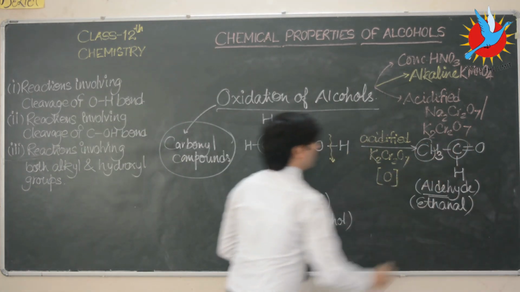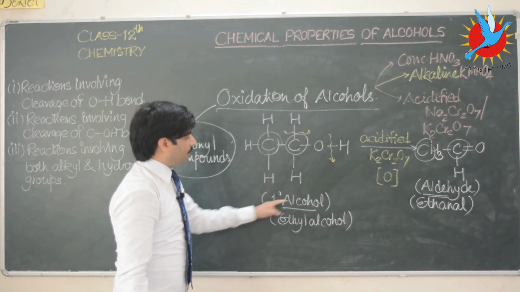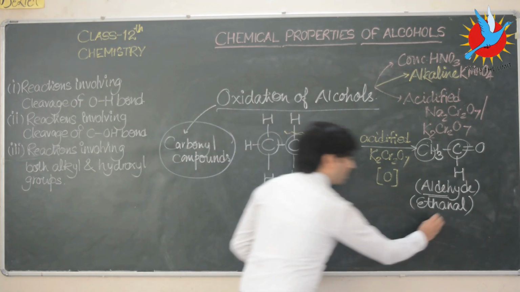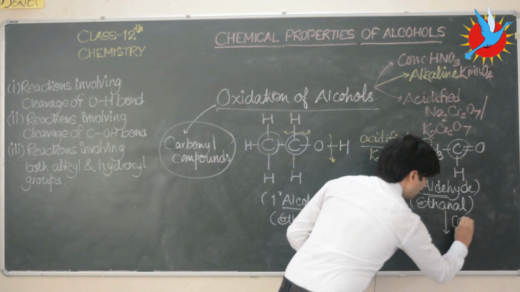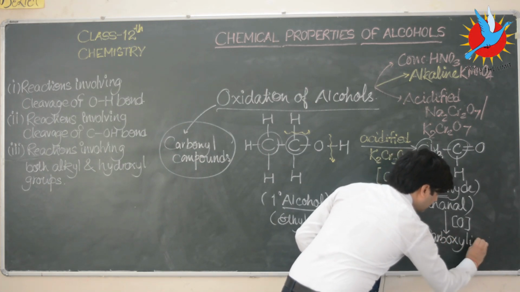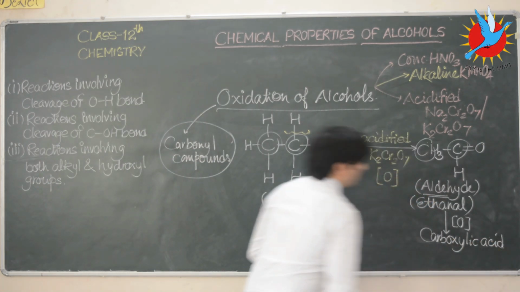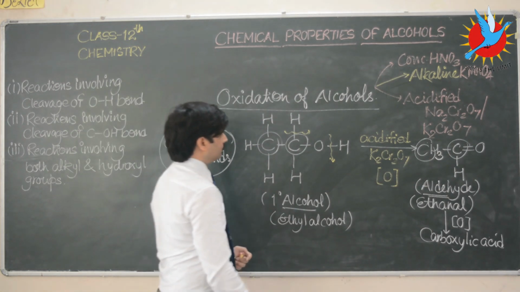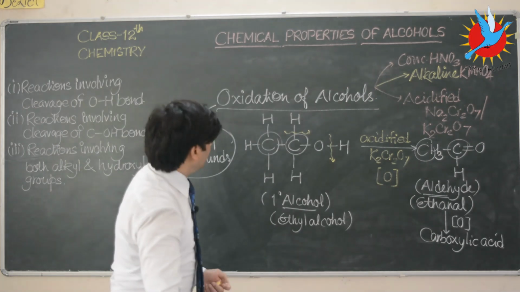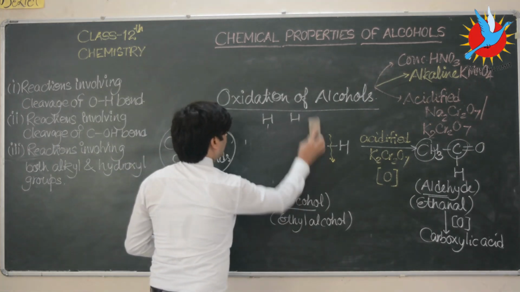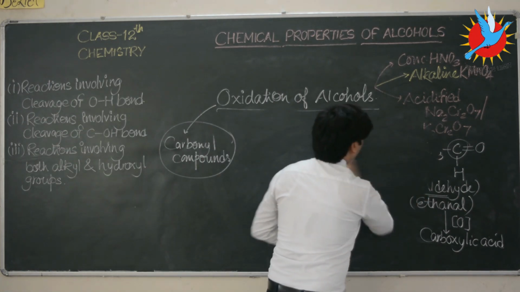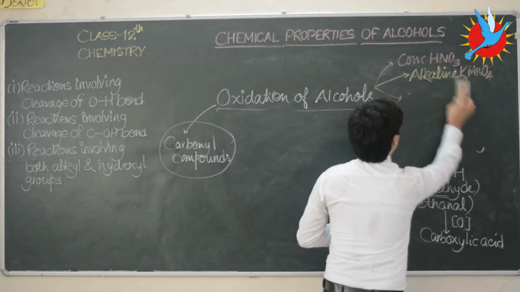So we can say upon oxidation primary alcohol will first form the corresponding aldehyde, which upon further oxidation will form the corresponding carboxylic acid having the same number of carbon atoms as the parent alcohol.